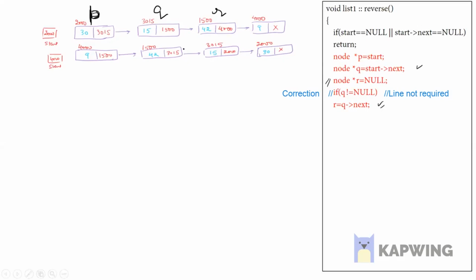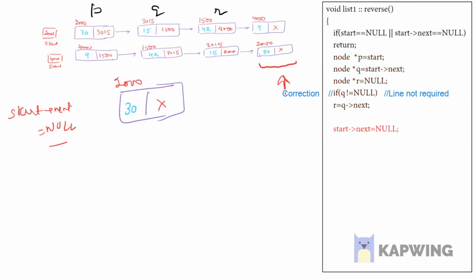Let us discuss further. Now for the first case, this is the original linked list and this is the final list that we want. What is special about this P pointer in the final list? The answer is that for the same P pointer node, the next portion is null in the final output.